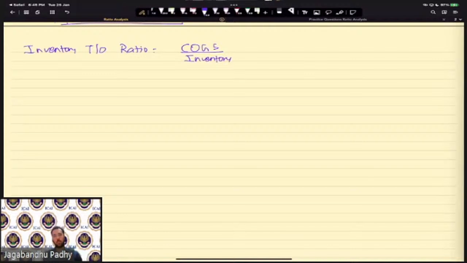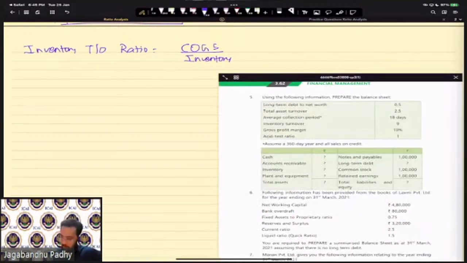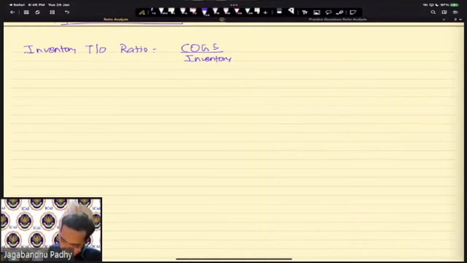No information about opening, so whatever is the closing, that itself is our average inventory. So inventory turnover ratio is 9 times. Sir, I don't have COGS.